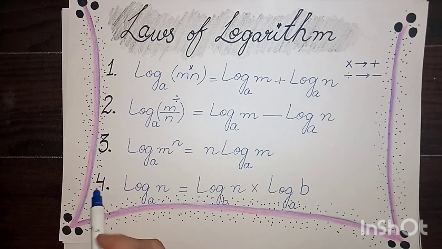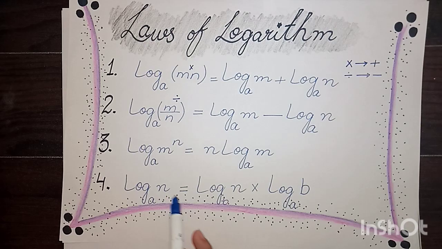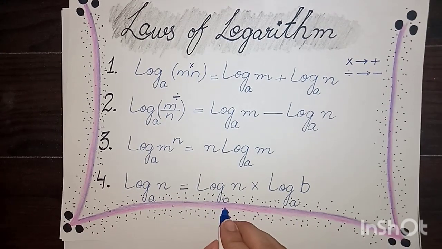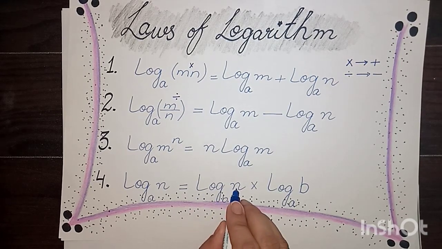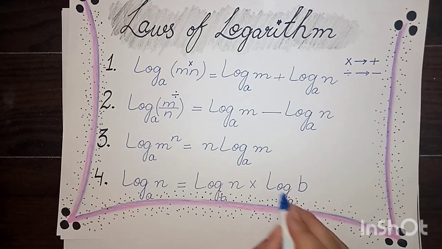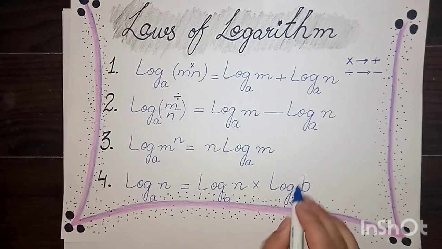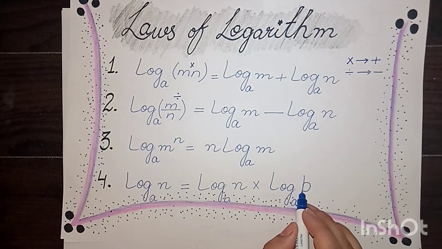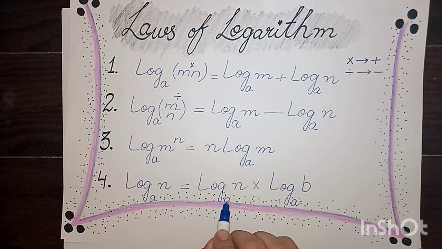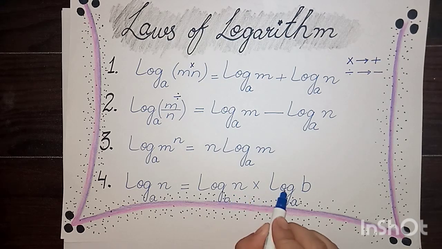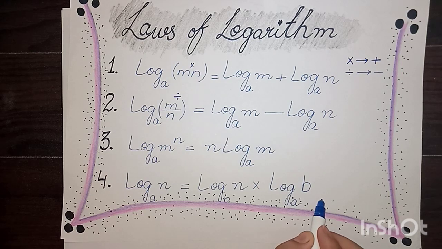Then the fourth law is log of a n. We will consider any real number b. So for this b, log of b n times log of a b. This b is our supposition, it can be any variable or any value. So log of b n times log of a b, this is our fourth law.